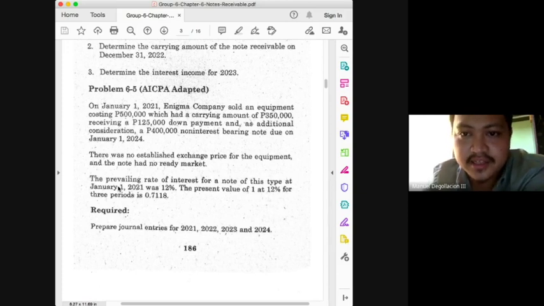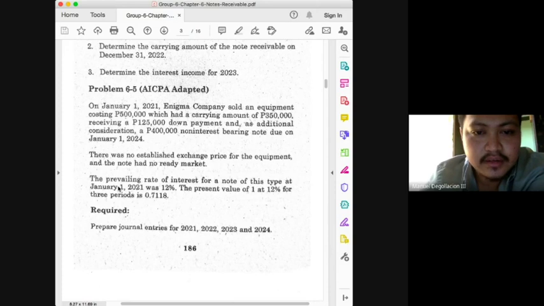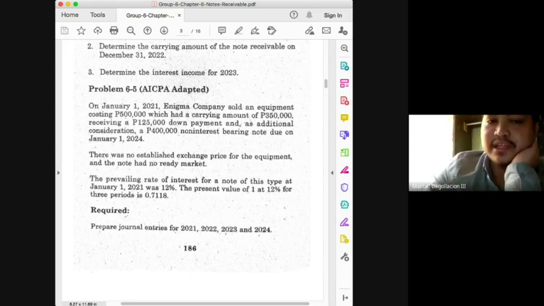And understand, class, that accumulated depreciation is another permanent account. So you will also have to recognize that account. So those are the first two things I want you to remember. Derecognize the equipment account. Derecognize the accumulated depreciation account.